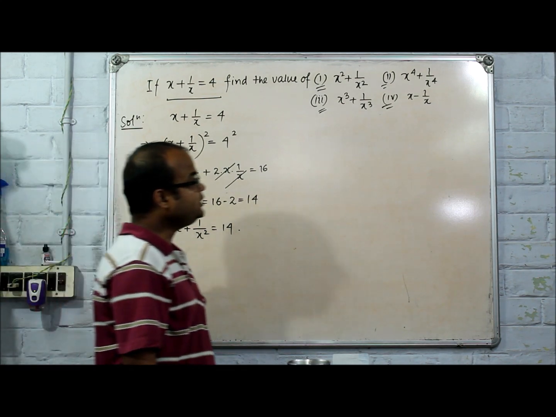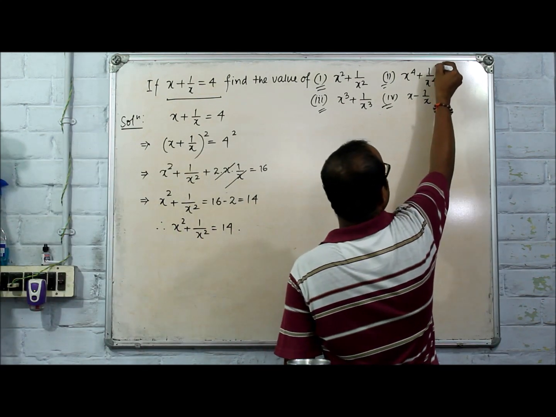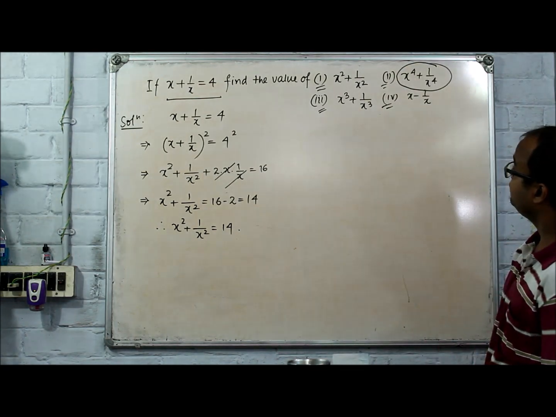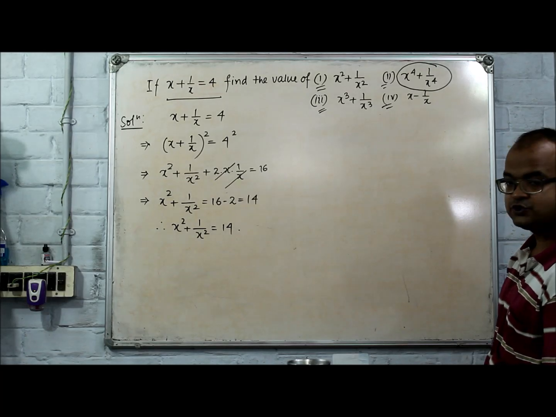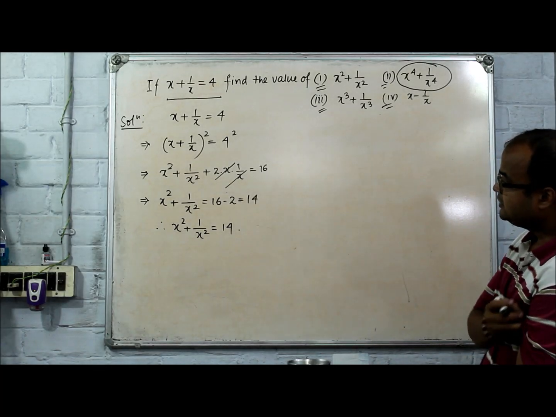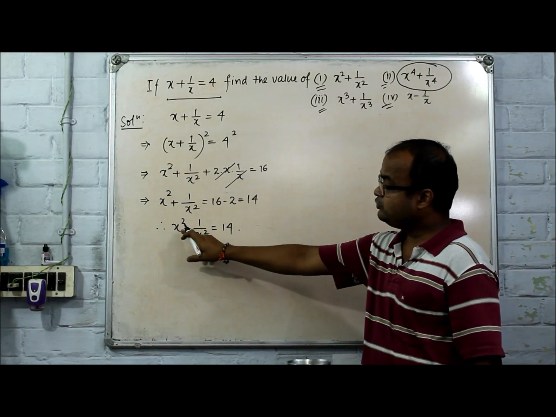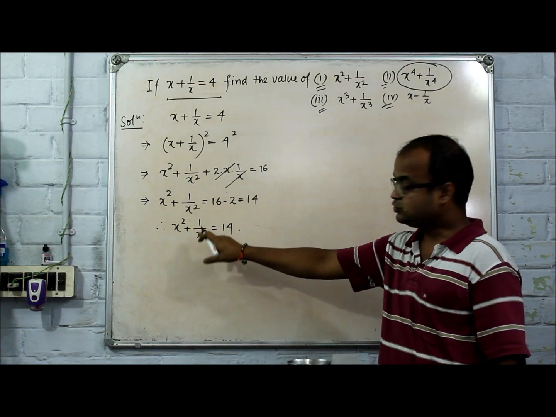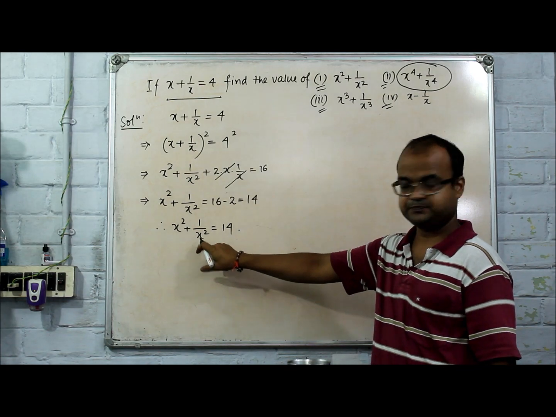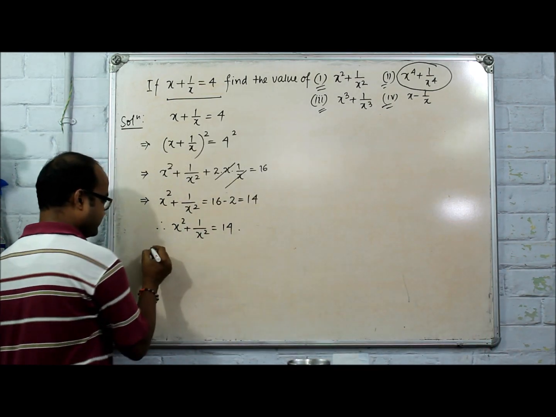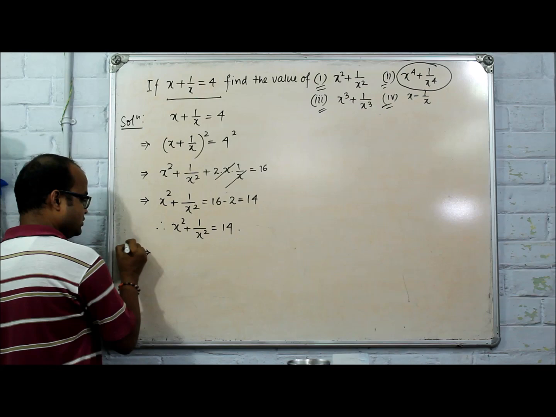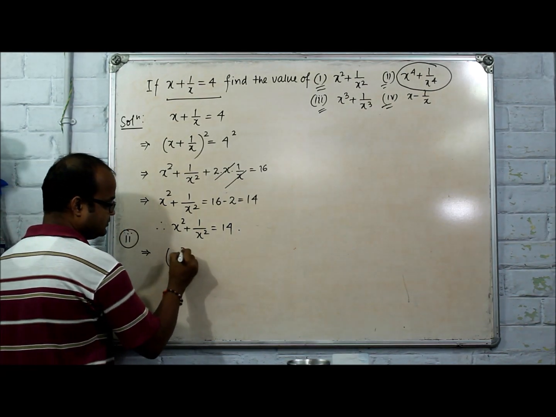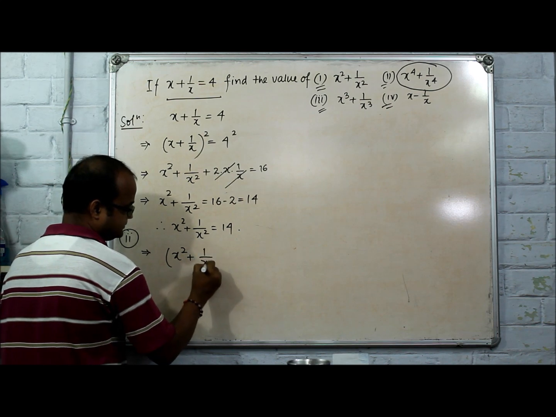Now moving into the next part, x to the power 4 plus 1 by x to the power 4. So here what you get? Here you are getting x square plus 1 by x square. So you need to square this term. So we start our second part. Squaring both sides.